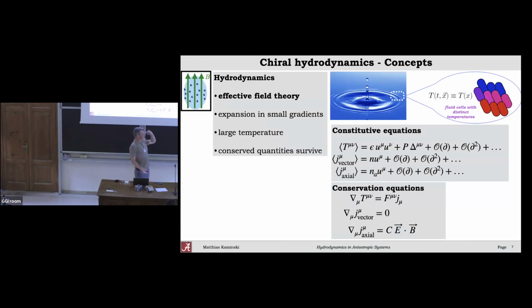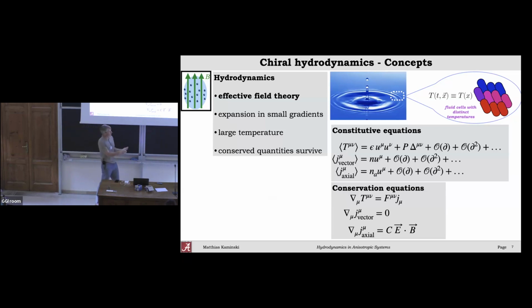So just to understand what I've been doing, for this case of strong magnetic field, we have both a holographic calculation, and we also have a construction of the effective field theory, which we call hydrodynamics or chiral hydrodynamics in an external magnetic field. So we do the usual thing.